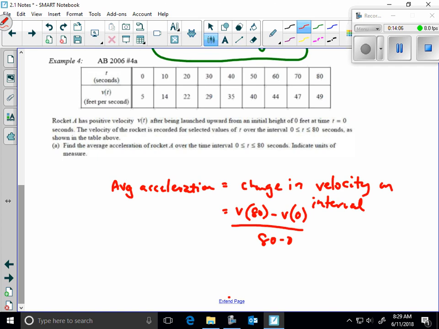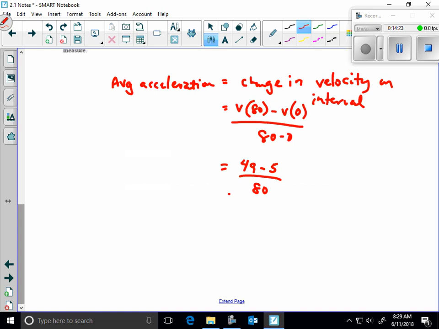Okay, so let's check out our values here. Here's my velocity at 80. Here's my velocity at time 0. So I'm going to take 49 feet per second minus 5 feet per second over 80. And 49 minus 5 is 44. And that can reduce then to 11/20ths.